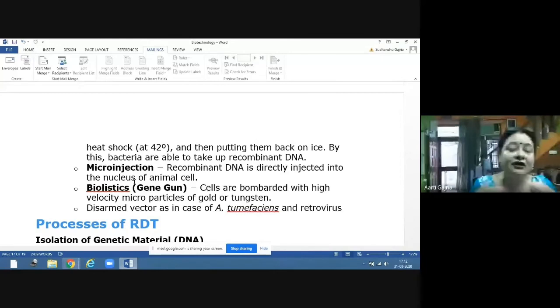So this microinjection is a sophisticated instrument which is used by highly professional persons, and they directly put it, a vacuum is created, and with the vacuum the recombinant DNA is directly put into the nucleus of the animal cell.